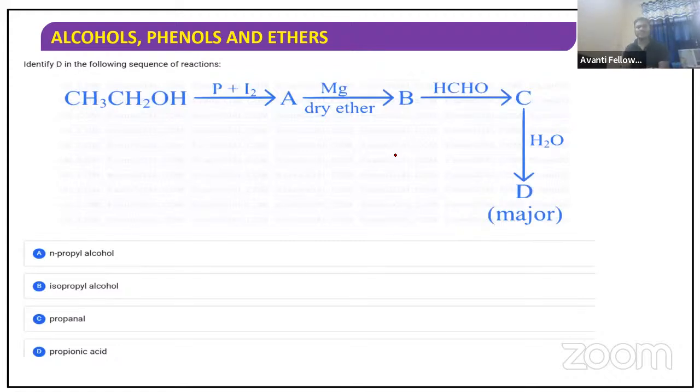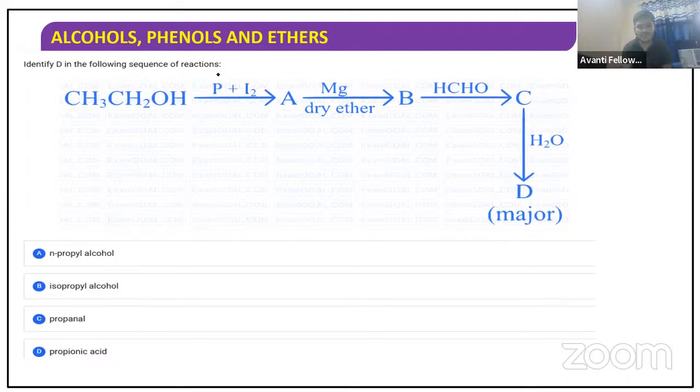Identify D in the following sequence of reactions. Again in this question, you have to identify D. So what reaction do we have? We have CH3CH2OH, ethanol.